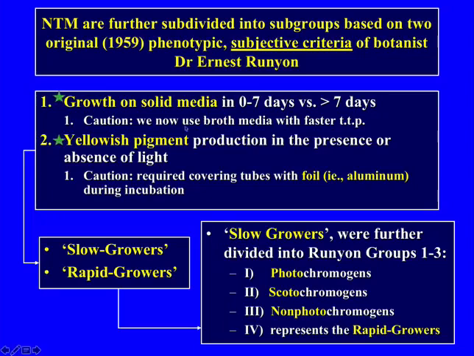Number 2, he used the production of a yellowish pigment in the presence or absence of light, because he took tubes of media, inoculated them, and he put foil around one tube and not around the other, and put those pairs inside of incubators with a little light inside.